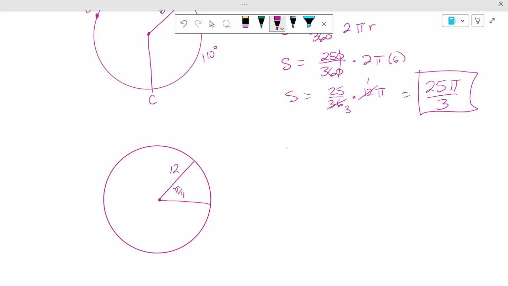Okay. When we're dealing with trig and arc length, the formula changes to something actually easier. S equals my central angle times the radius. So our arc length here is just pi over 4 times 12 in this case.